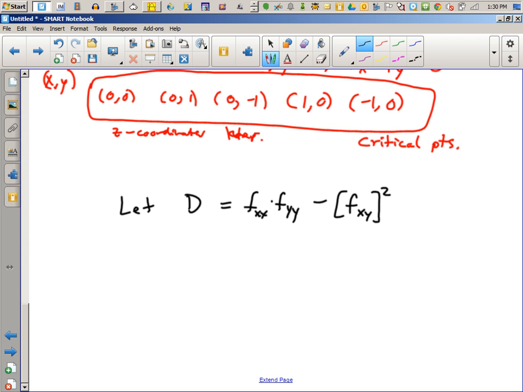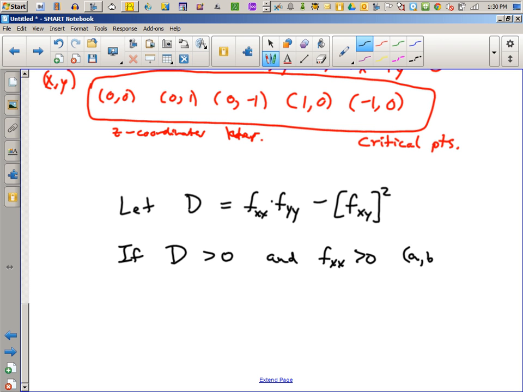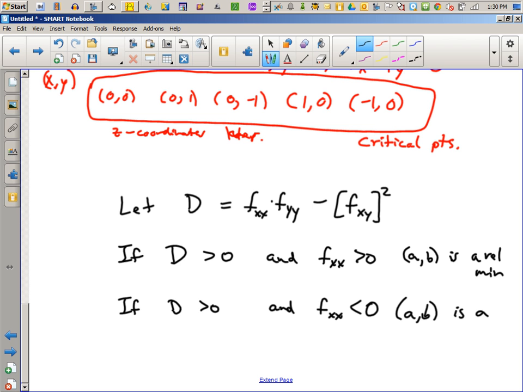So here are the possibilities. You work it out, and D is positive. If D is positive and f double prime is positive, then (a, b) is a rel min. If D is positive and f_xx is negative, (a, b) is a rel max.